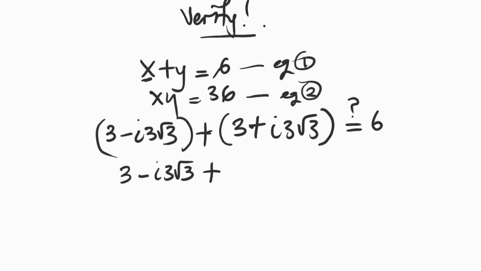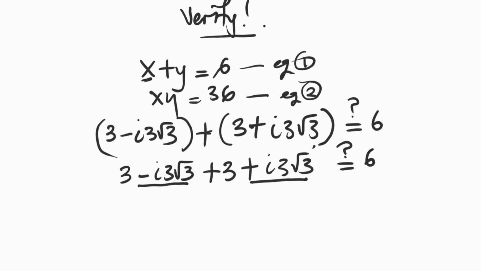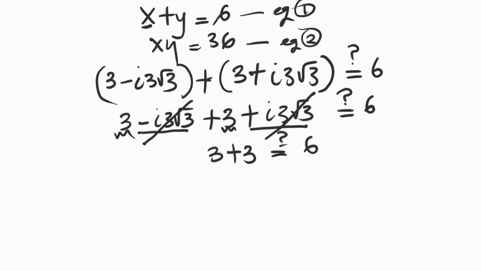Opening up the bracket, we have 3 plus i3√3. We have minus i3√3 and plus i3√3. They cancel out. We just have 3 plus 3 remaining, and if we add 3 and 3 together, we get 6. Therefore, the left-hand side of equation 1 is equal to the right-hand side.